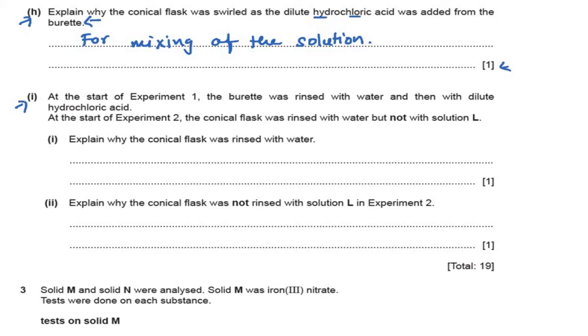Next sub question says that at the start of experiment 1, the burette was rinsed with water and then with dilute hydrochloric acid. At the start of experiment 2, the conical flask was rinsed with water but not with solution L. The reason is that if some part of solution K is left over, then it would get mixed up with L. So, explain why the conical flask was rinsed with water only in experiment 2.